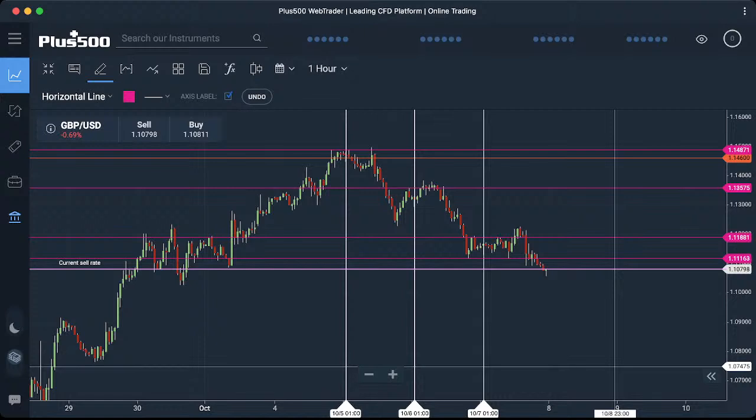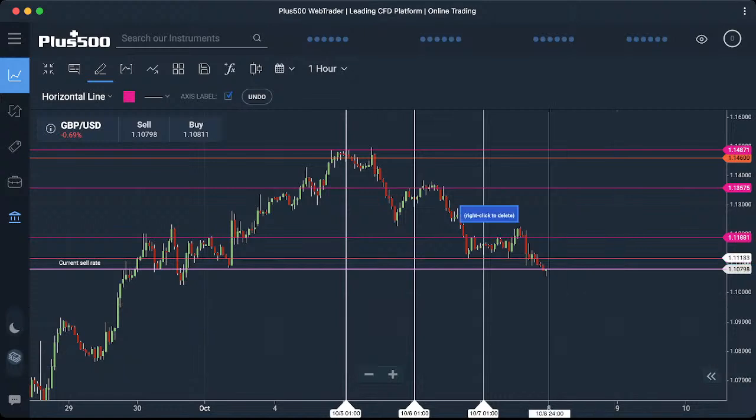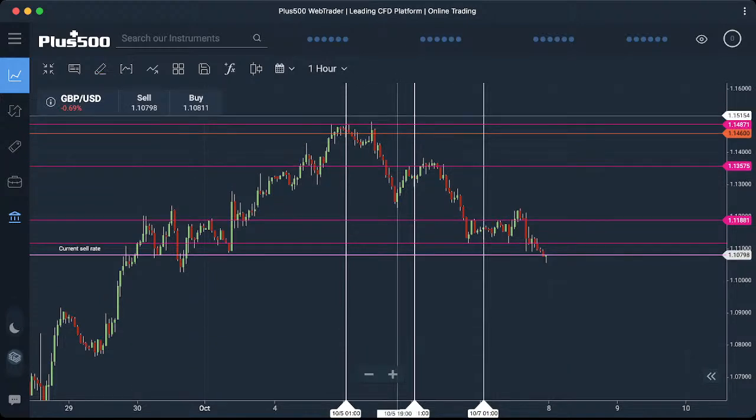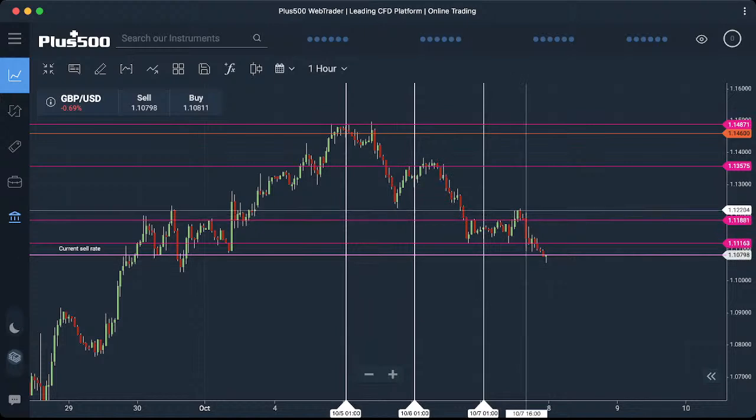So what I'm going to do here, I want to focus on Friday's non-farm payroll, and show you how you could trade from this high, which was around 1.12200, which is actually an institutional level.